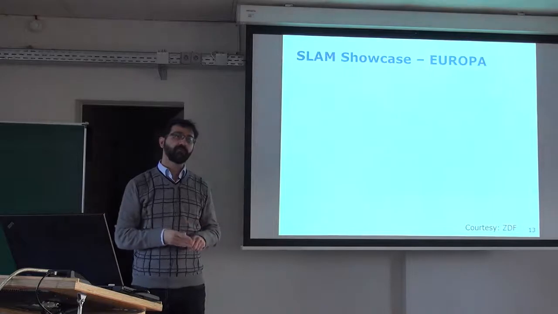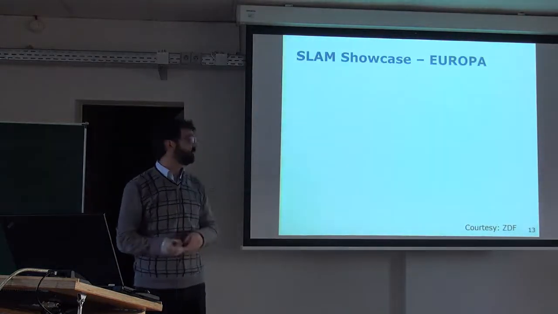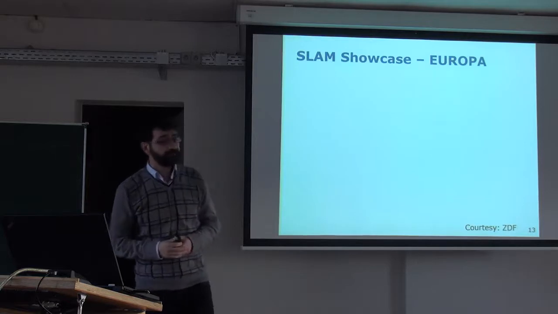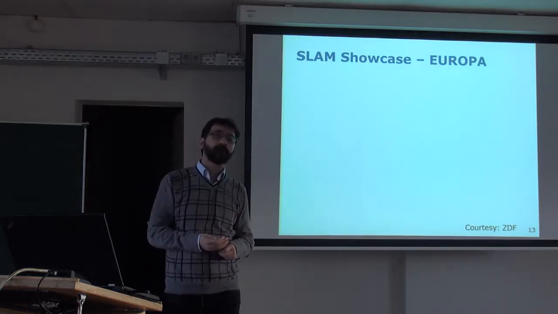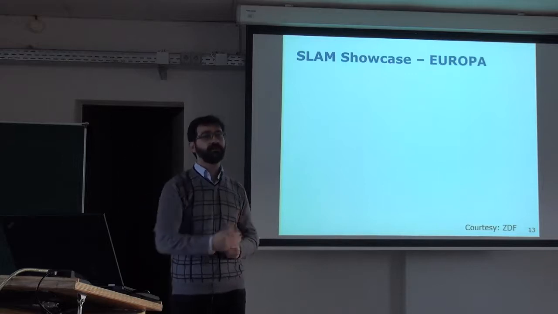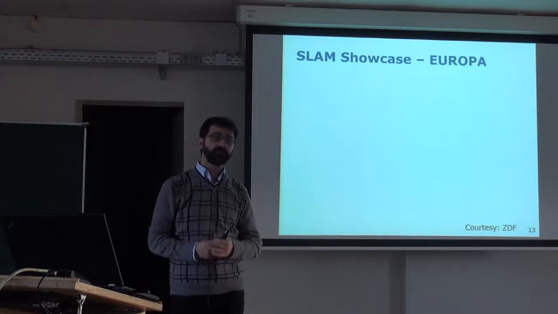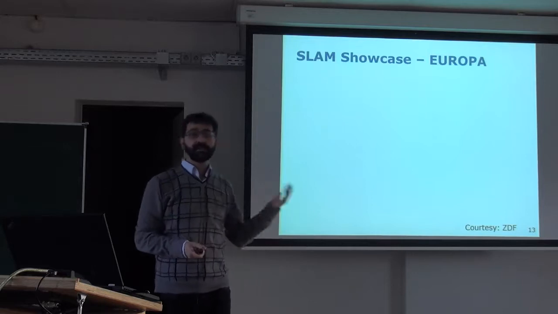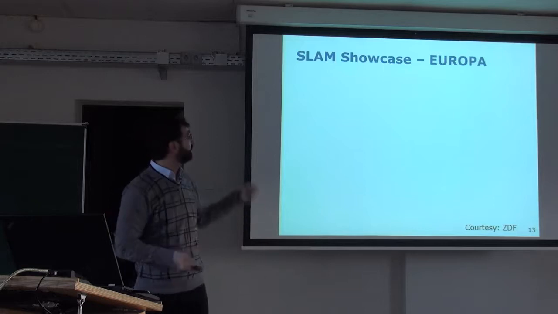We didn't build the map of the full Freiburg, because for that project we only needed to go from here to the end as a showcase, but in principle the same technology would have been used to build the full map of Freiburg. And the map was looking something like I will show right now.